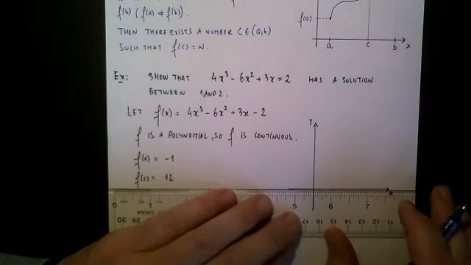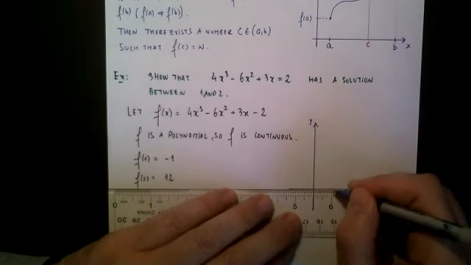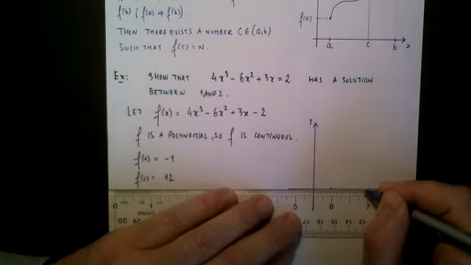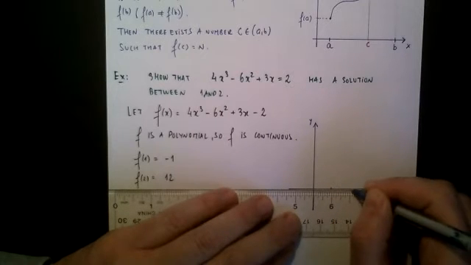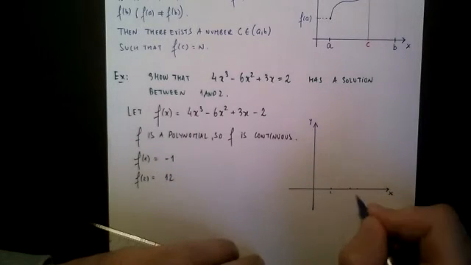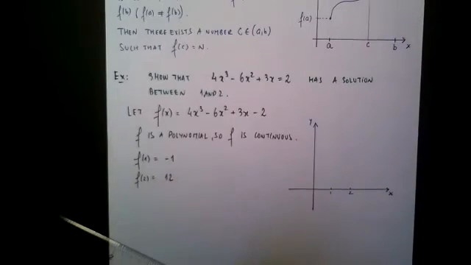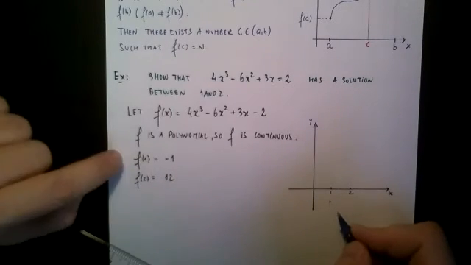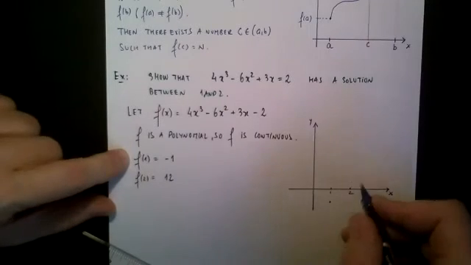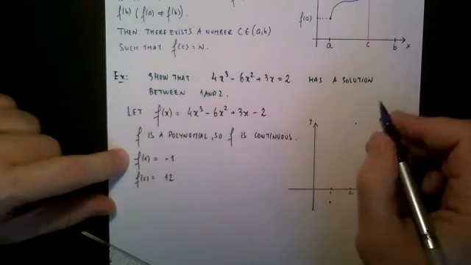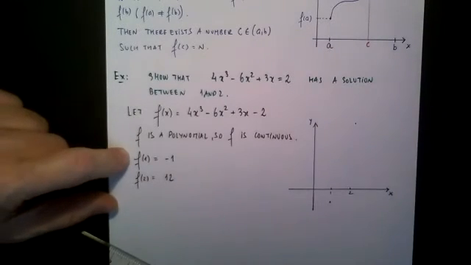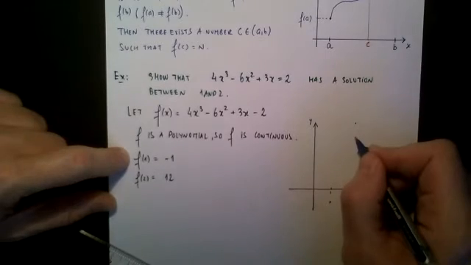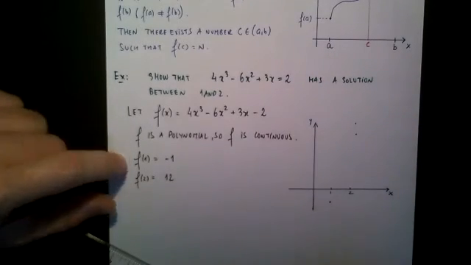Okay, so let's say at 1 and at 2. So at 1, it's worth -1, right? And at 2, it's worth 12. Okay, let's say 12 is here.